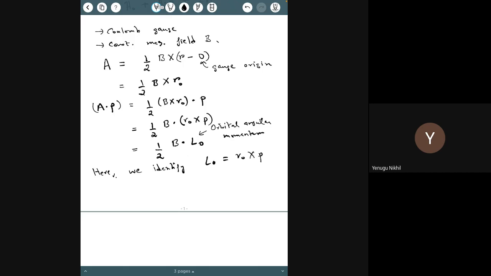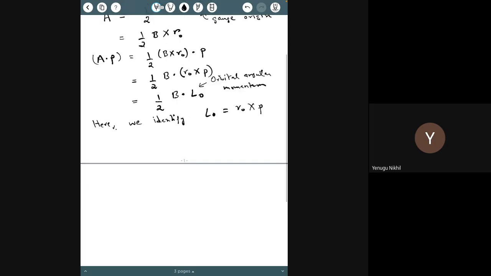Here we have assumed a constant magnetic field, remember. So this is one interaction. This immediately tells you that the first order interaction of the field with the electrons is due to its orbital motion.